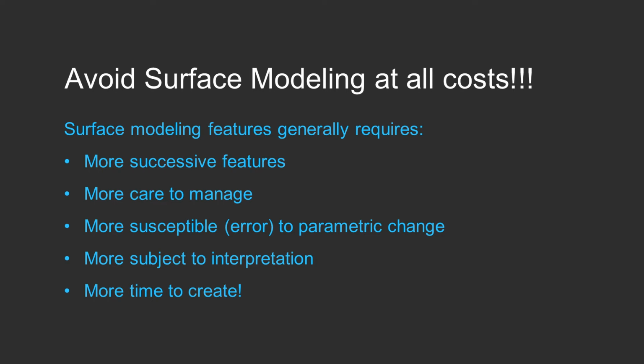They're also more susceptible to parametric change because there's a lot more versatility in surfaces. There's a lot more that can parametrically change. You know the saying that less is more.